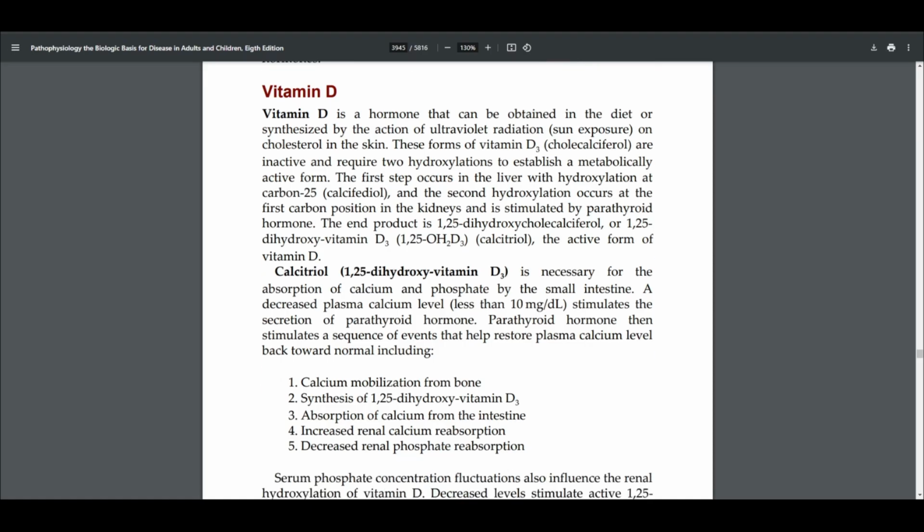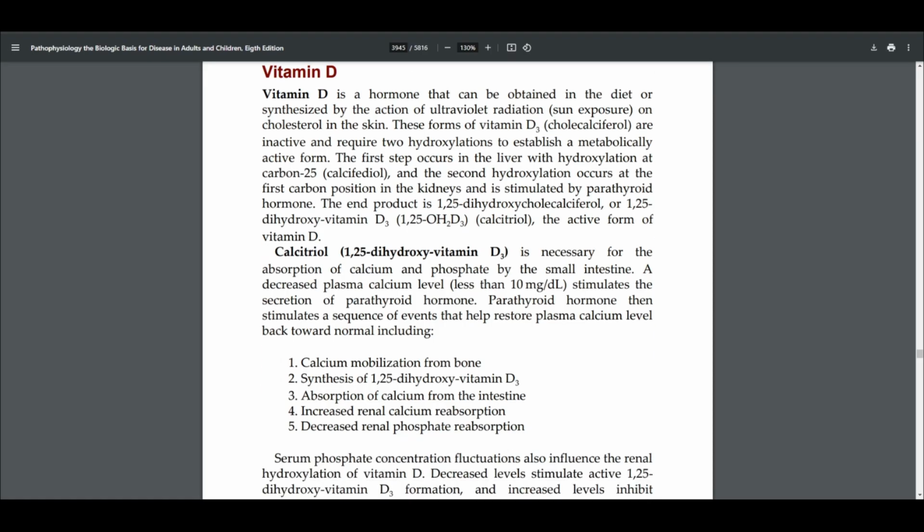Vitamin D. Vitamin D is a hormone that can be obtained in the diet or synthesized by the action of ultraviolet radiation, your sun exposure, on cholesterol in the skin. These forms of vitamin D, cholecalciferol, are inactive and require 2 hydroxylations to establish a metabolically active form.